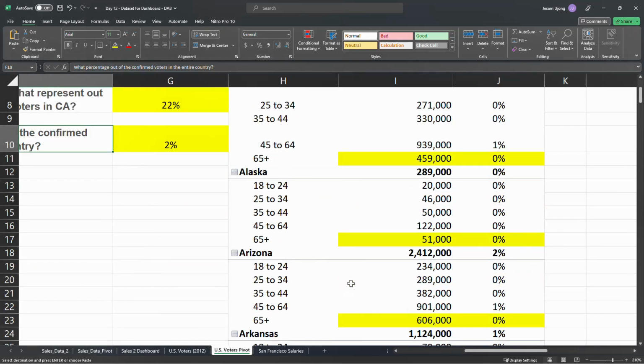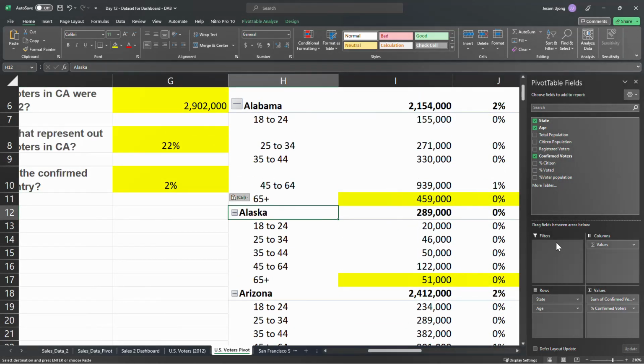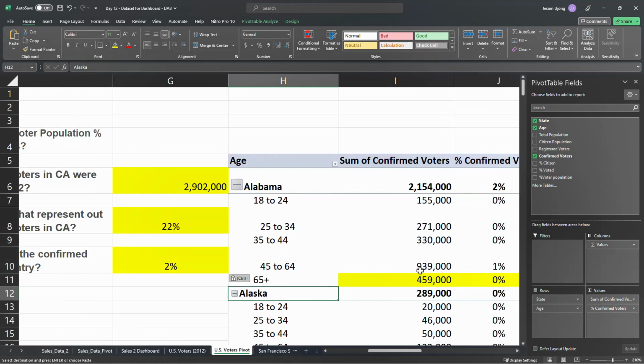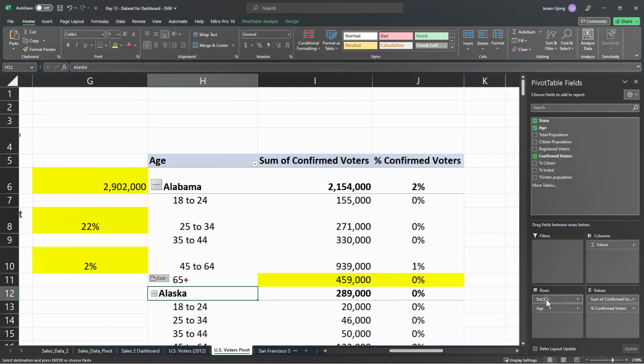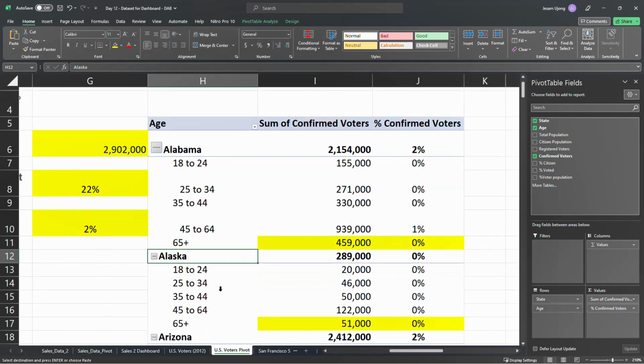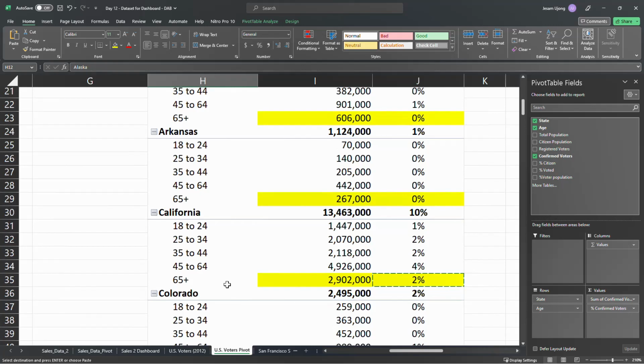Okay, yes. So what I basically did was that I moved all the states. The states was in filter initially, right? So everything has to be there. I moved the states to the row, right? So you have the states and the age. So it just splits everything for me, and I went to California and I looked.